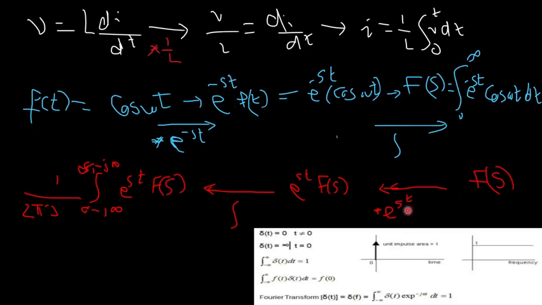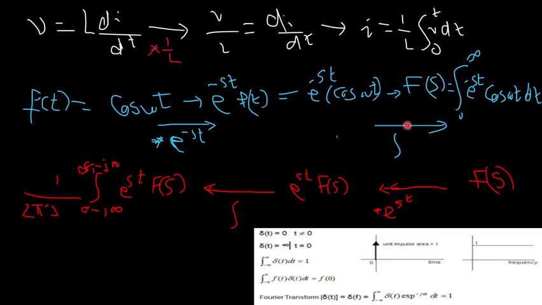So the first step here is to multiply, not to divide, both sides by e to the st. So we want to multiply F of s by e to the st, and then we'll take the integration. We must notice that the multiplication by the exponential function defines the variable which we need to have at the end.